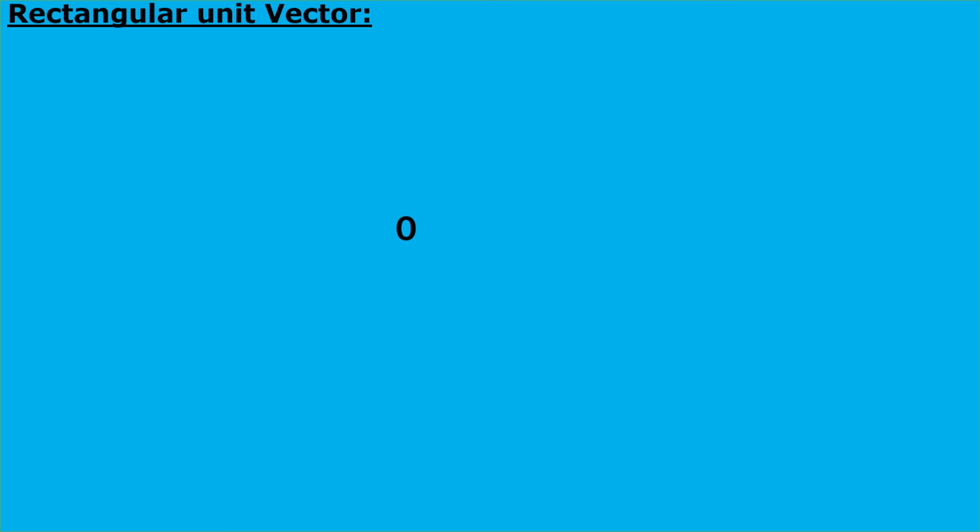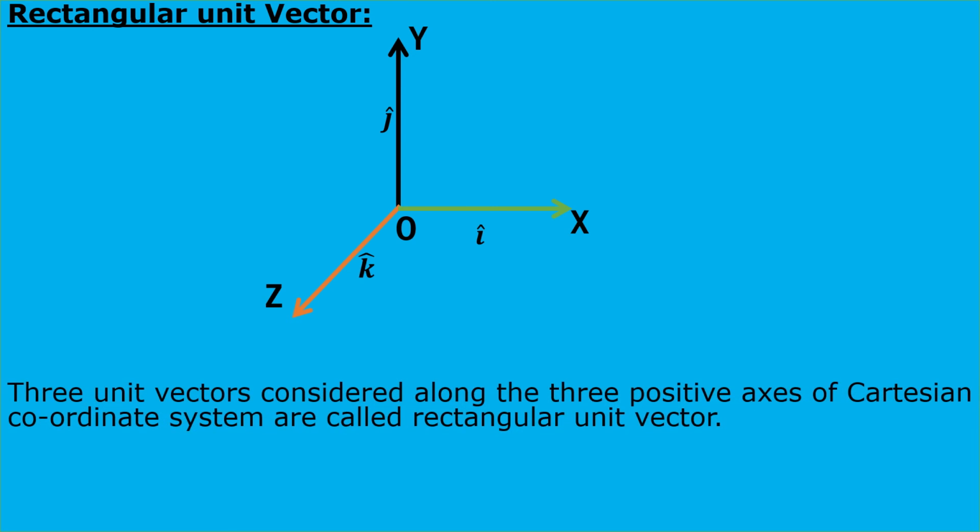Next, rectangular unit vector. Along OX unit vector I, along OY unit vector J, along OZ unit vector K. We know this. The 3 unit vectors considered along the 3 positive axes of the Cartesian coordinate system are called rectangular unit vectors. Obviously, for a unit vector the magnitude will be 1.